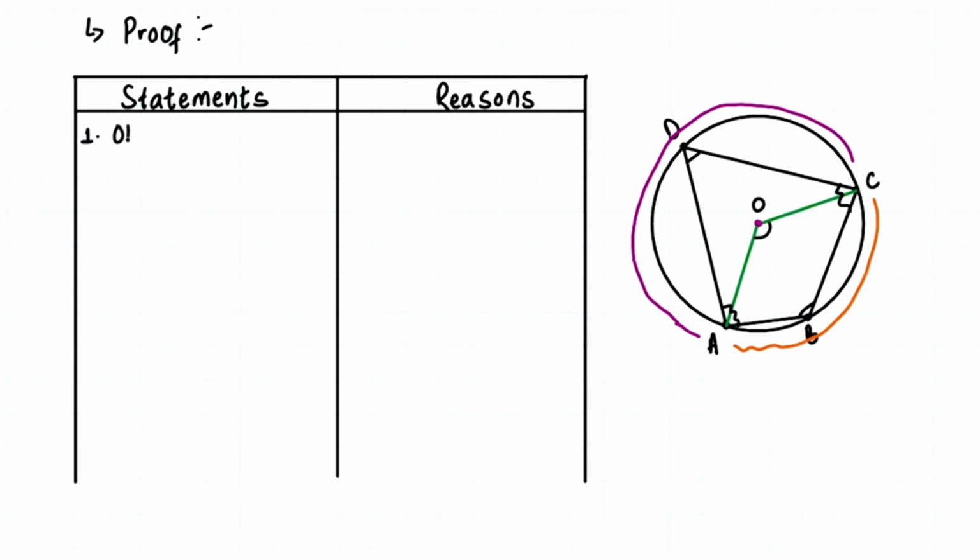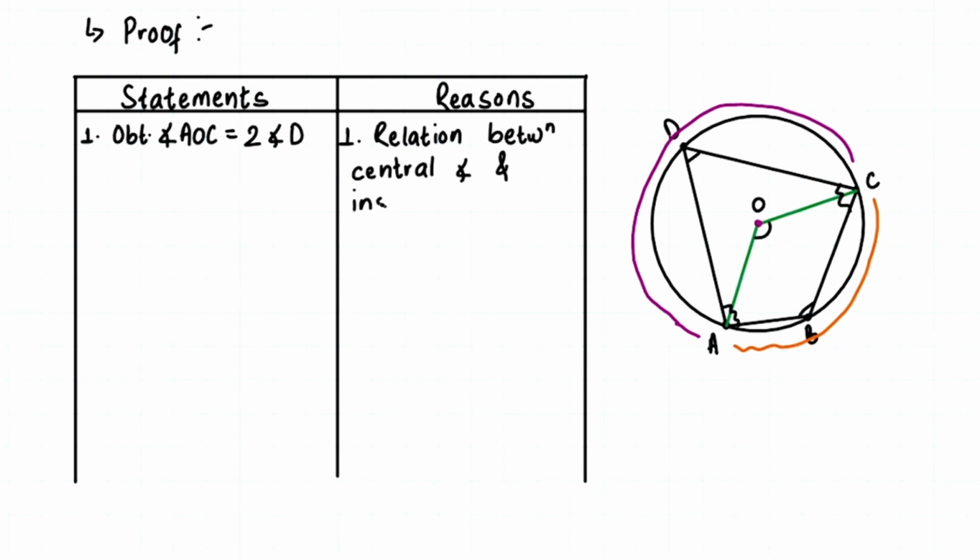So obtuse angle AOC is equal to 2 times angle D. This is from our previous theorem, that the central angle is double the inscribed angle made on the same arc. So our reason is going to be the relation between central angle and inscribed angle made on the same arc.